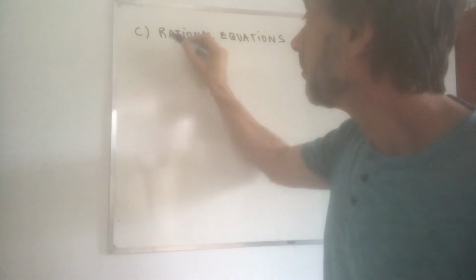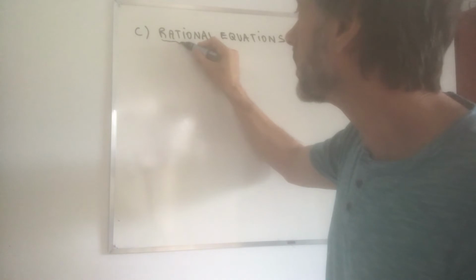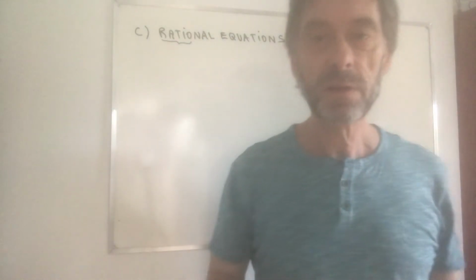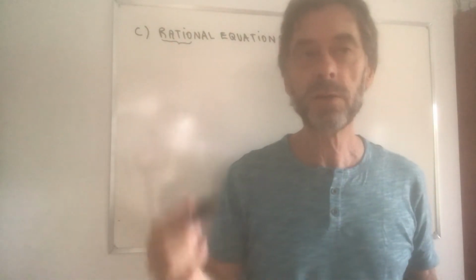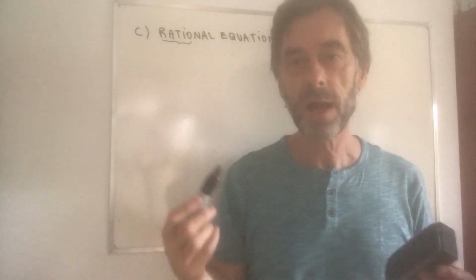The third type that I would like to talk about today, C, is rational equations. Well, rational means ratio. Ratio means fraction. So in here, the x's will actually be part of fractions.